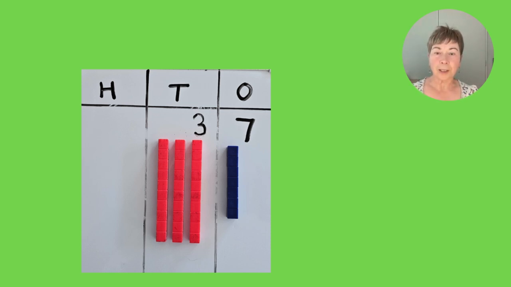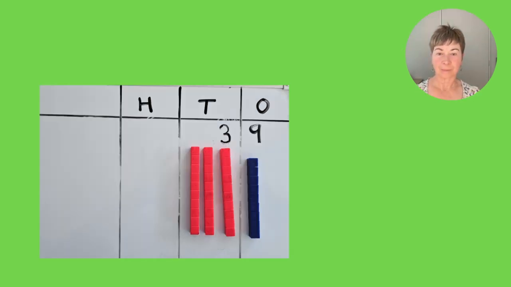Continue through with different examples, sometimes with you writing the number, and sometimes with them writing a number, and you putting in the blocks. Do this particularly if they're struggling and getting the wrong column, so you can model it correctly. It's best if, to begin with, you only write a number that changes one of the columns, either the ones or the tens change.